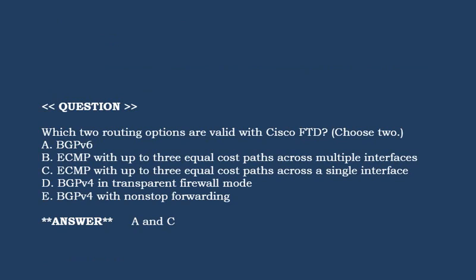Option C. ECMP with up to 3 equal cost paths across a single interface. Option D. BGPv4 in transparent firewall mode. Option E. BGPv4 with non-stop forwarding. Correct answer is option A and option C.